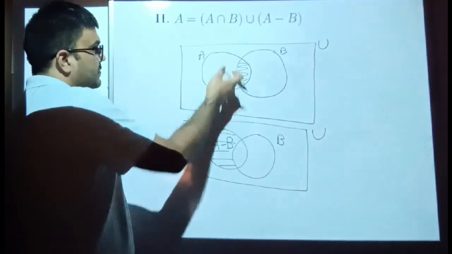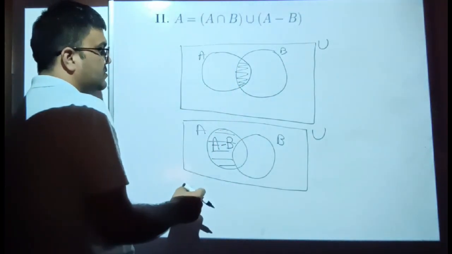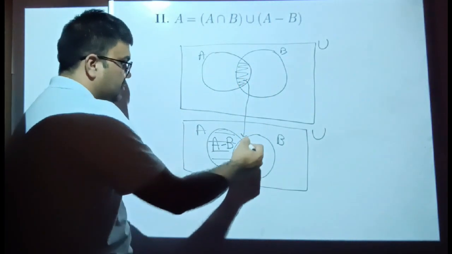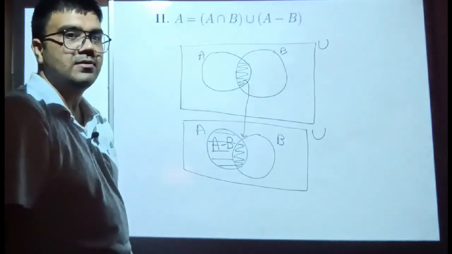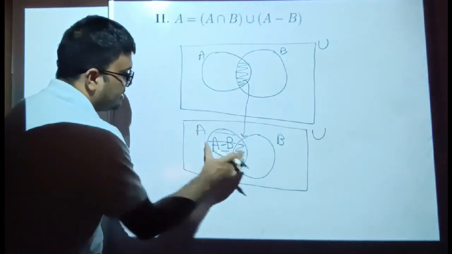What is the union of these two portions? We are including this portion over here. Now what is the complete region that is shaded?